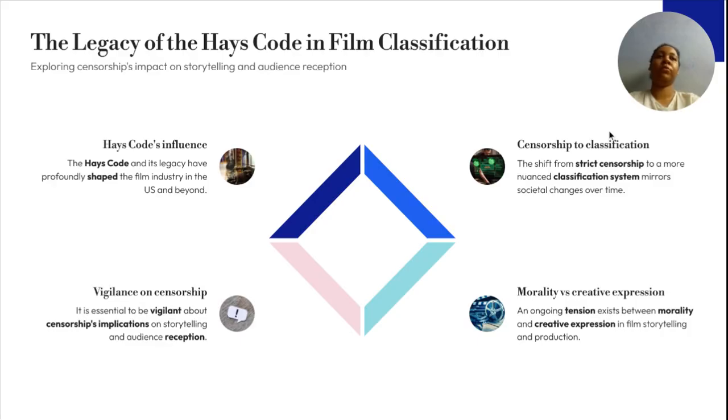What we thought wasn't appropriate is now becoming a norm, really. Like people kissing each other on the lips because they're in love, or that sort of thing. And the vigilance on censorship.